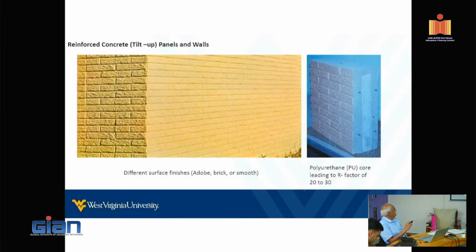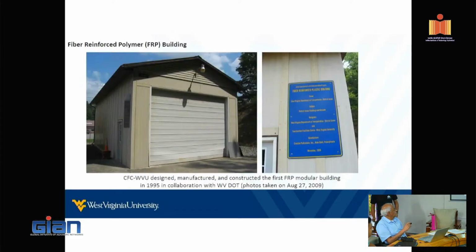So you can see how I can control even the colors. So I can get a variety of colors, and here is the foam core. Here is a building we built in 1992. Looks exactly like that today.